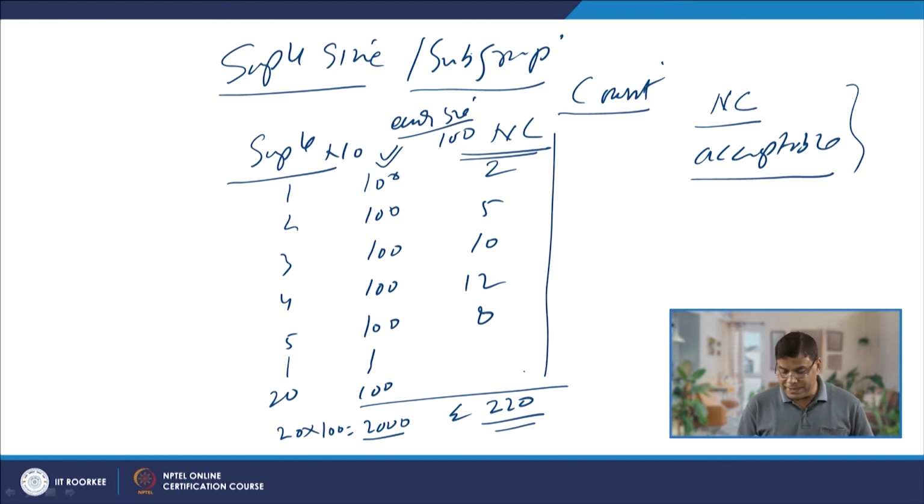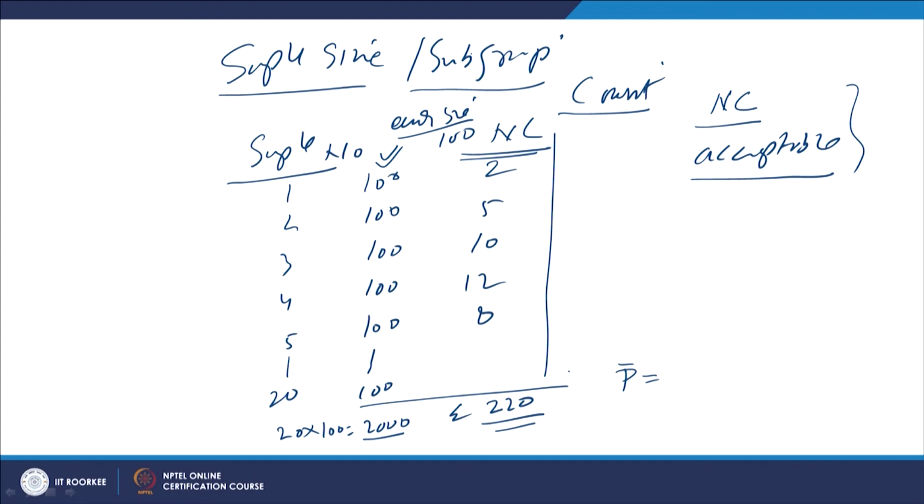Out of the 2000, if we have 220 NC items, then P bar, that is the average proportion of the non-conforming items, will be 220 divided by 2000. So, this will give us the value of 0.11.